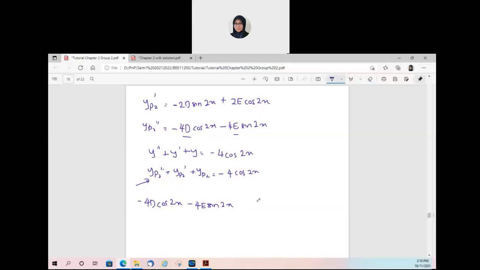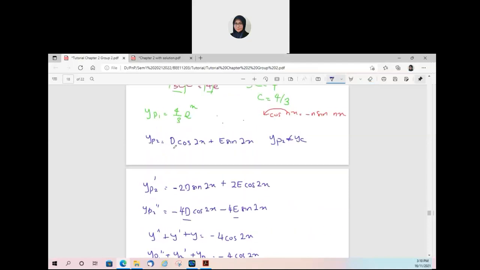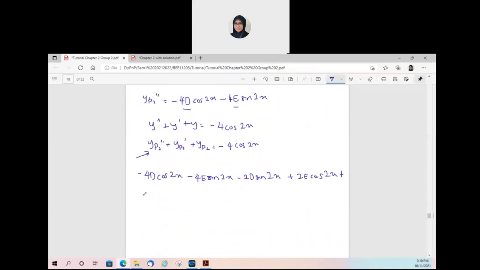Then minus 2D sin 2x plus with 2E cos 2x plus with YP2, D cos 2x plus with E sin 2x equals to minus 4 cos 2x.